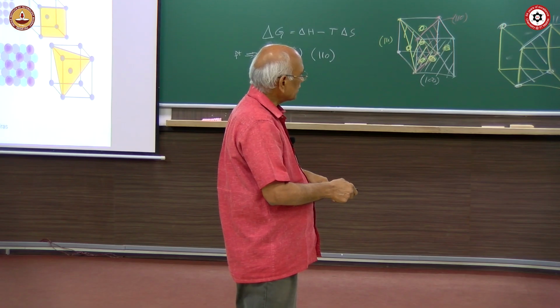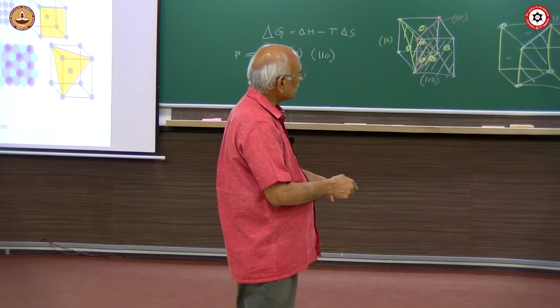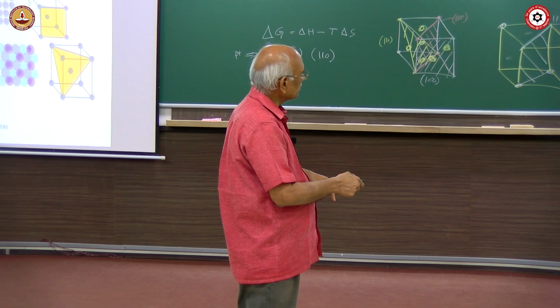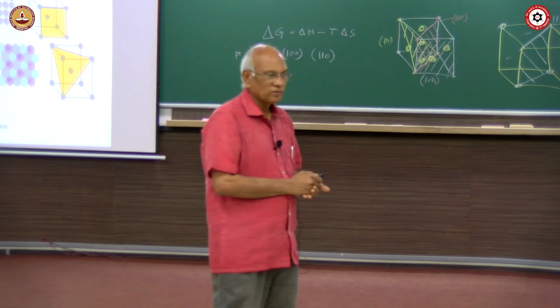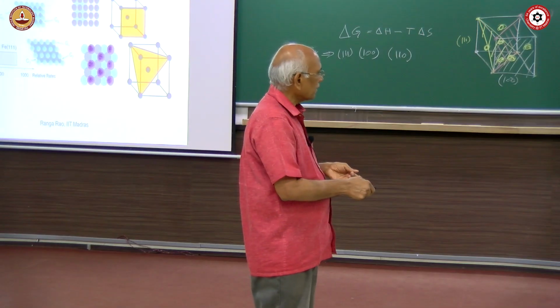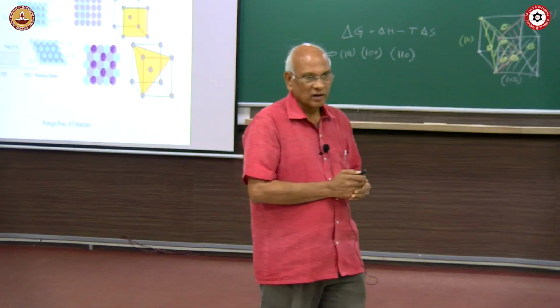Those kinds of sites are present in these planes, C4 and C7. So C4 and C7 sites are responsible for ammonia production.